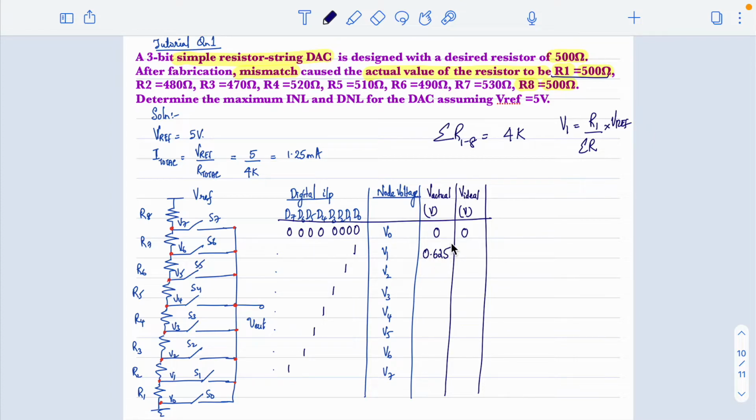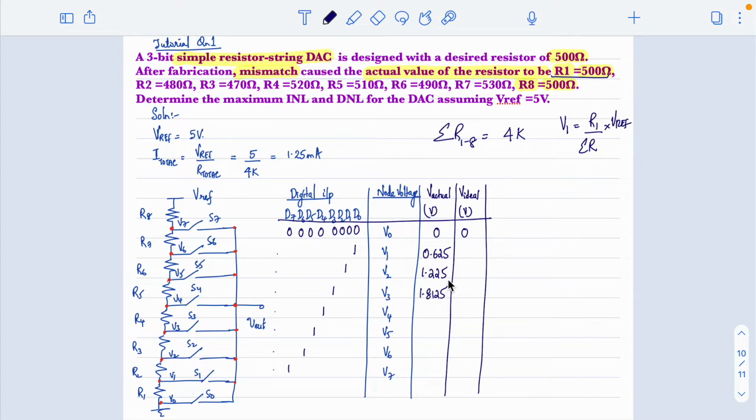Now next is V2. When you take V2, you have to take the sum of R1 and R2, where R1 is 500 and R2 is 480. So it is 980. So 980 by 4k into 5 is 1.225. Similarly, V3? It will be 980 plus 470, which is 1.8125.